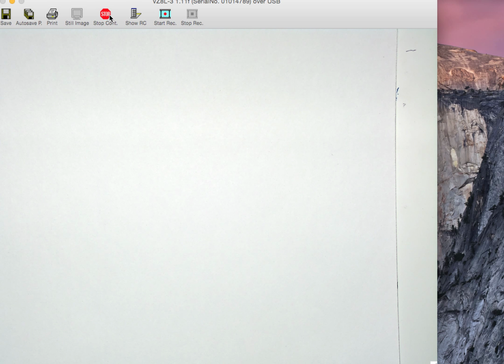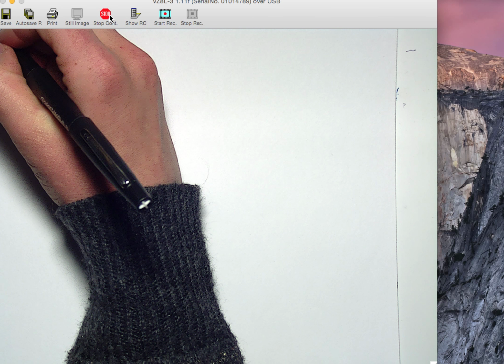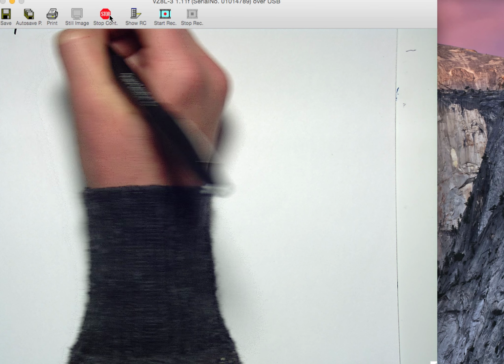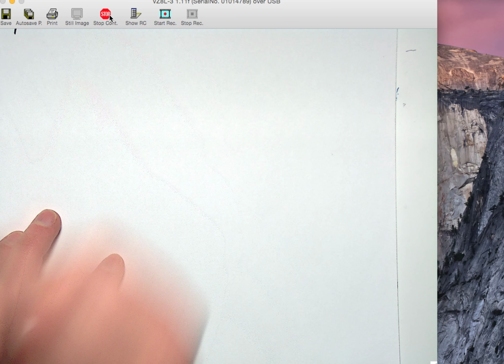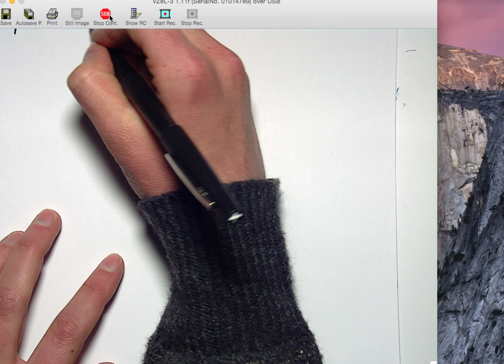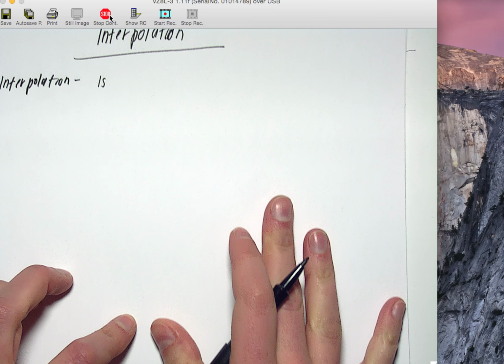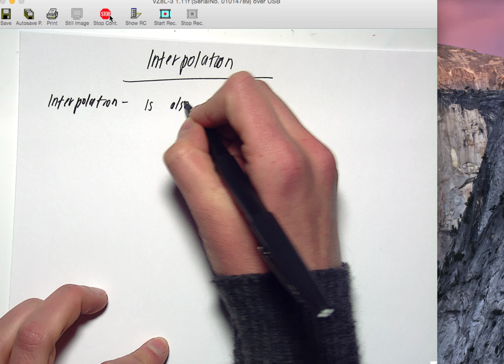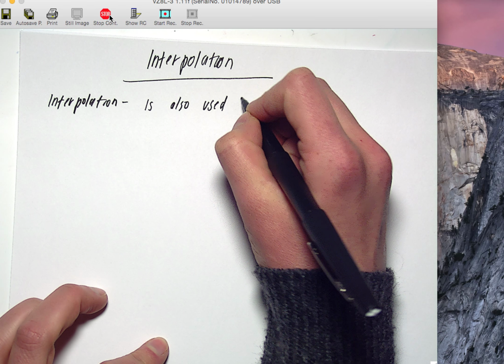So remember that curve fitting is used to make predictions from data based off of overall trends of the data, which is much different from interpolation because, and what's confusing is interpolation is also used to make predictions.